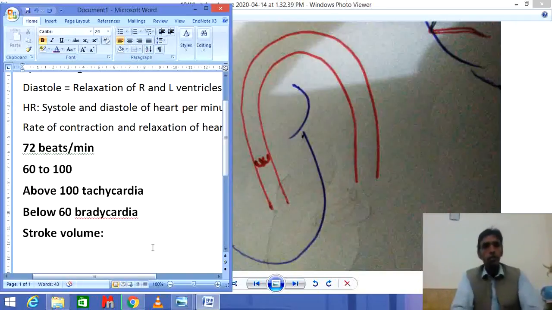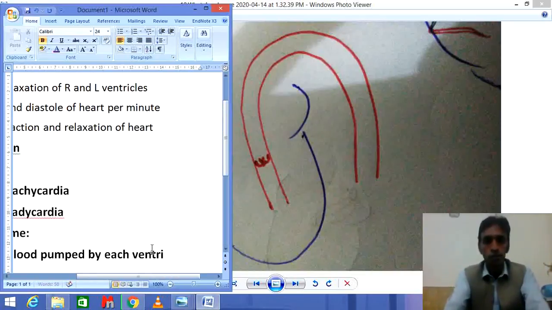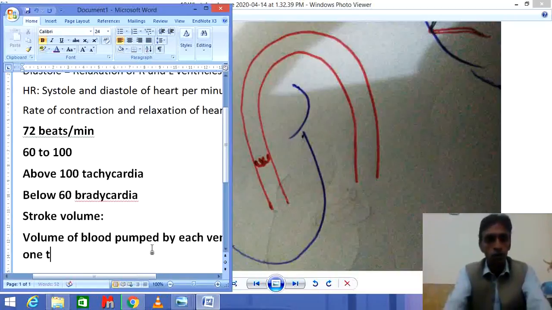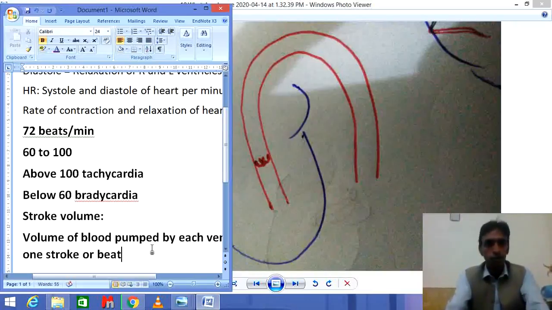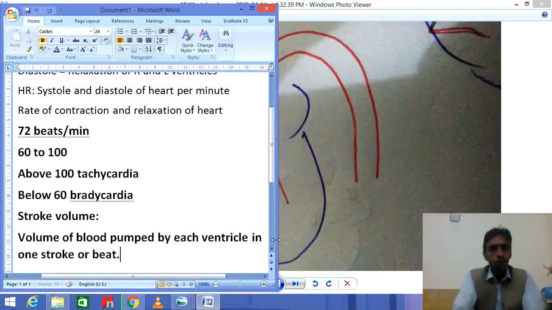Stroke volume is the volume of blood pumped by each ventricle in one stroke, in one beat. That is called stroke volume.